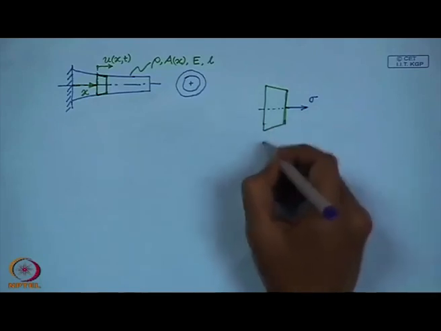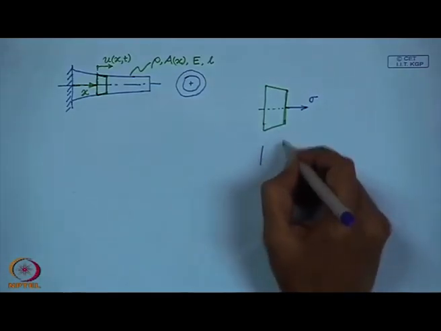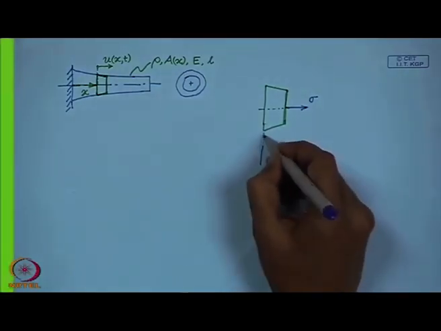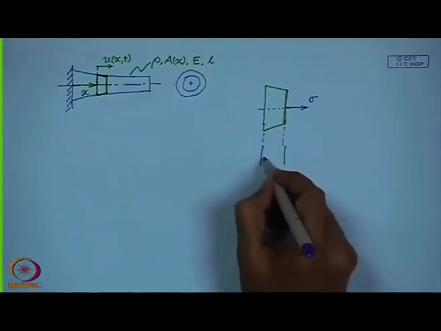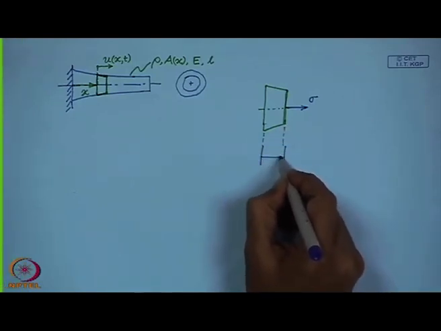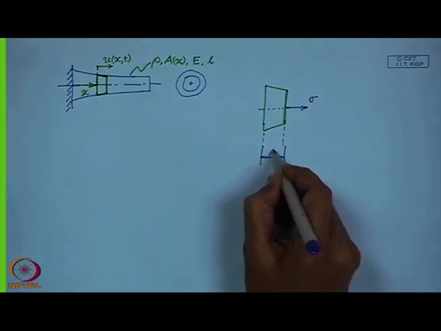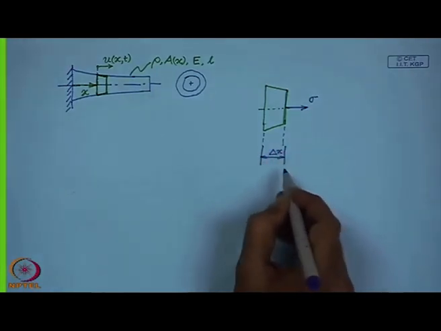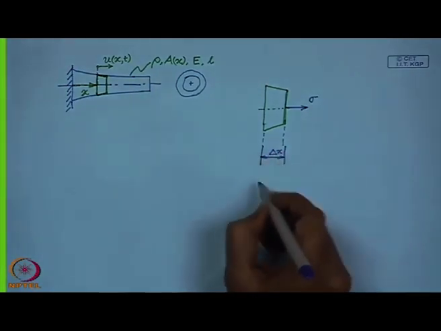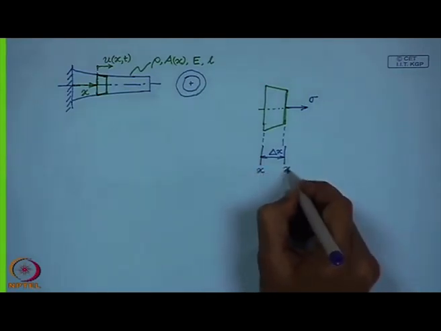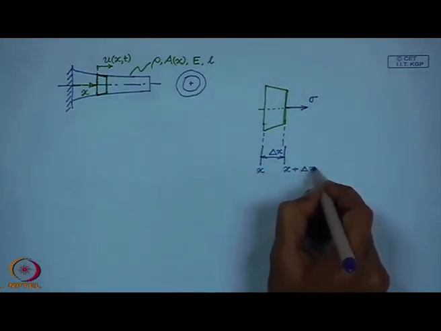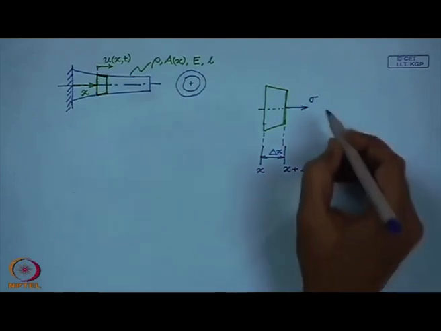So, this element is of length delta x, lies between x and x plus delta x.